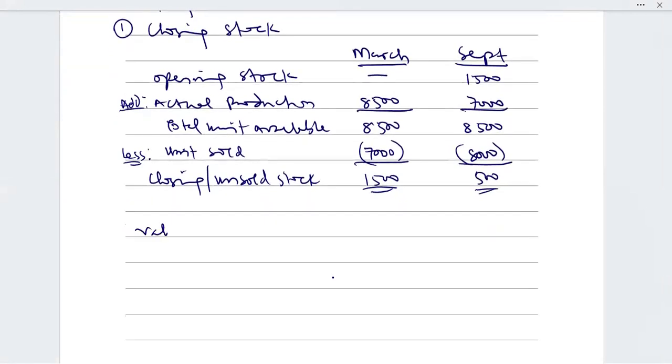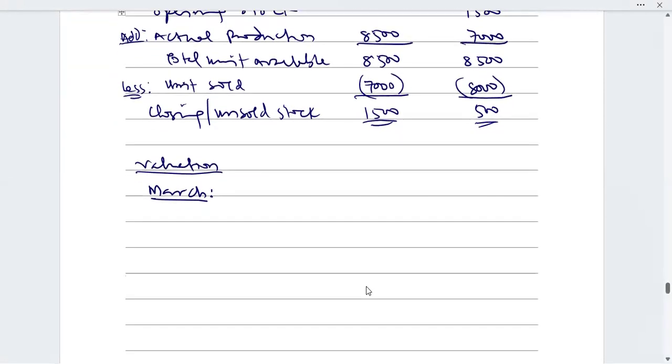Therefore, I need to determine the valuation for the period ending March 2022 under marginal costing technique, then absorption costing technique. For the marginal, the closing stock is 1,500 units multiplied by the total variable cost per unit, 49 naira.